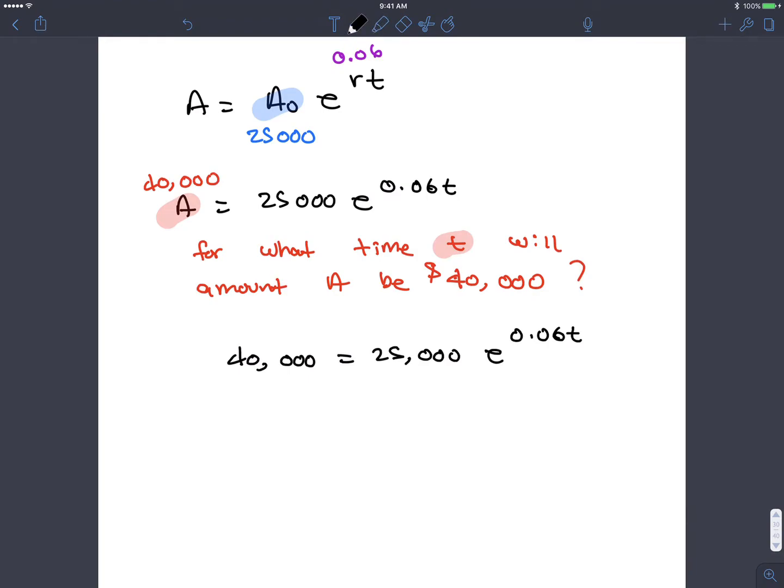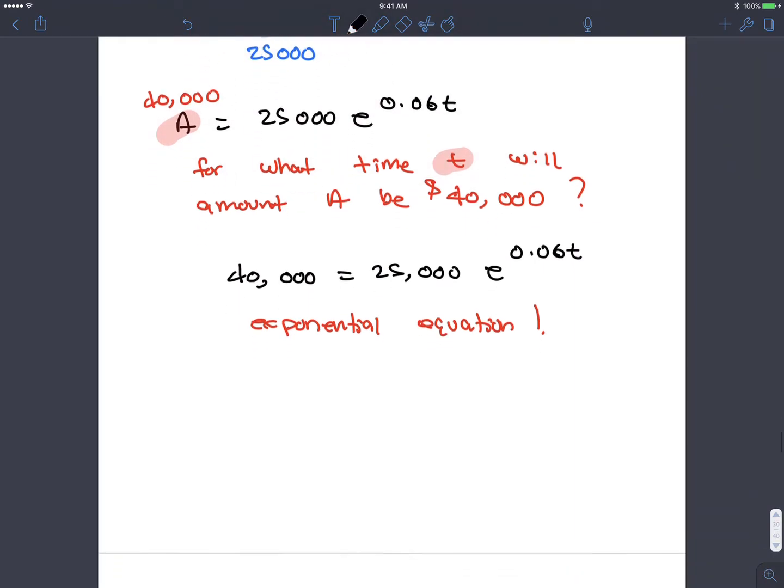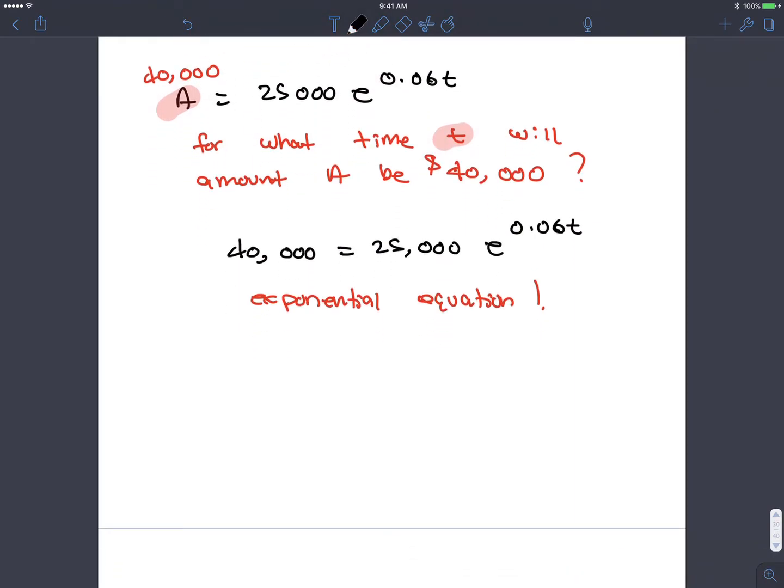What we have here, ladies and gentlemen, is an exponential equation. Now, we solved exponential equations on the previous homework. And so if you like, you can rewrite it if you wanted to get your t on one side. You can say 25,000 e to the 0.06t becomes 40,000 and solve for t.